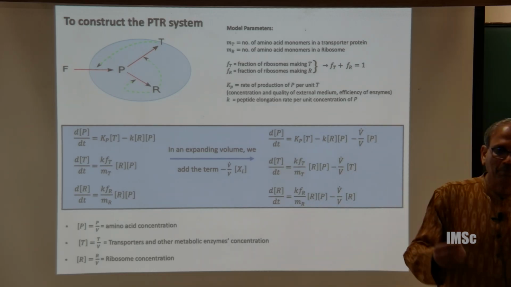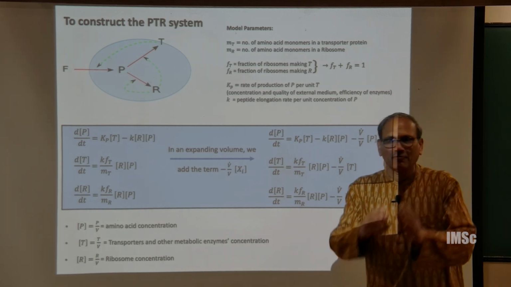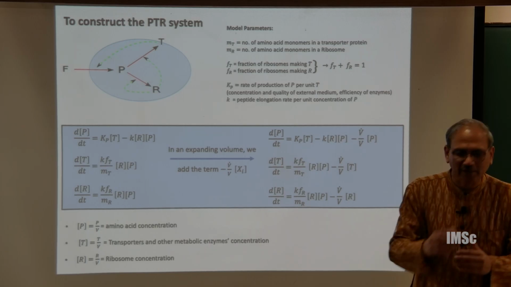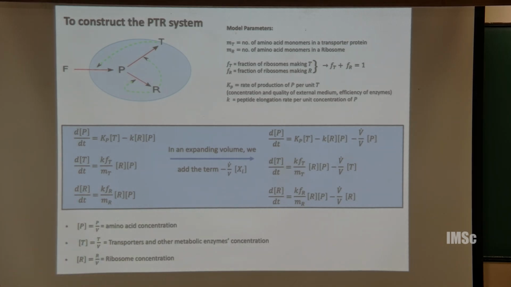The way people typically solve these models is either by assuming V to be a constant, thinking of just a constant volume container, or they assume that V dot by V is a constant equal to mu.